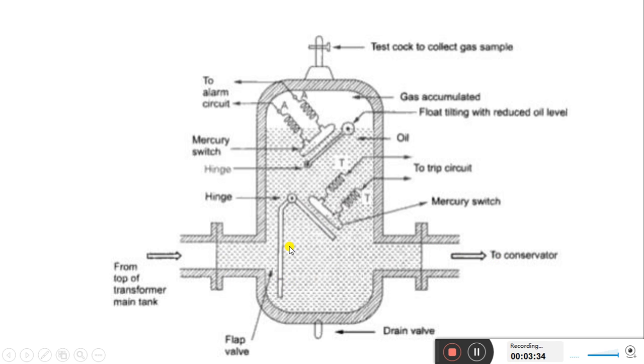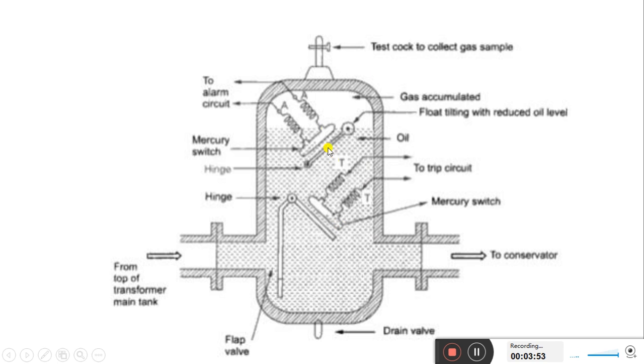So the float switch and mercury switch get closed, giving an alarm, and at the same time a signal to trip the circuit breaker, so that the transformer remains disconnected from the supply.